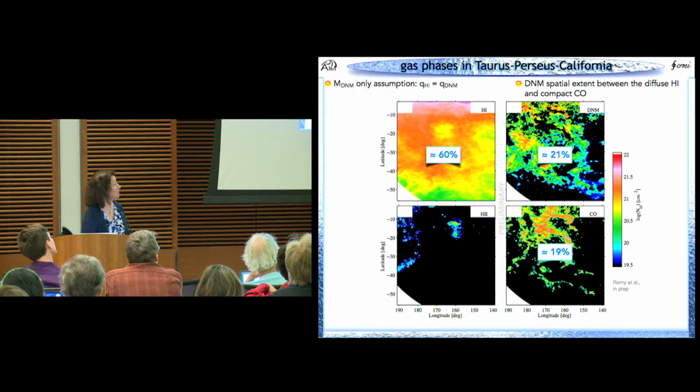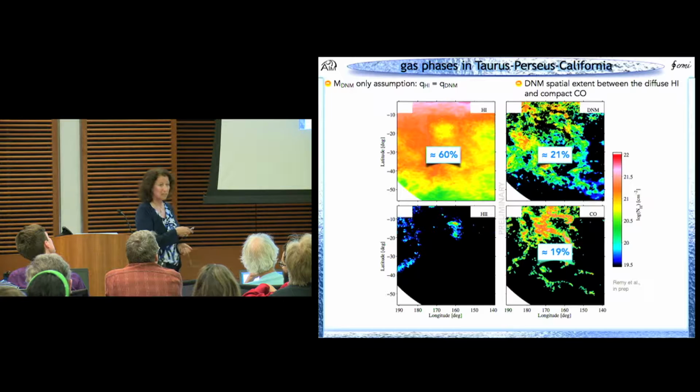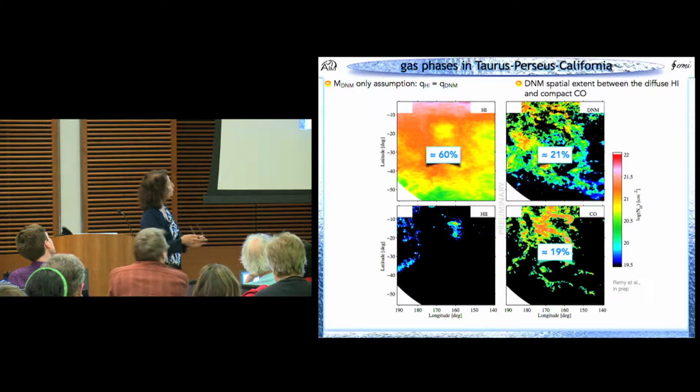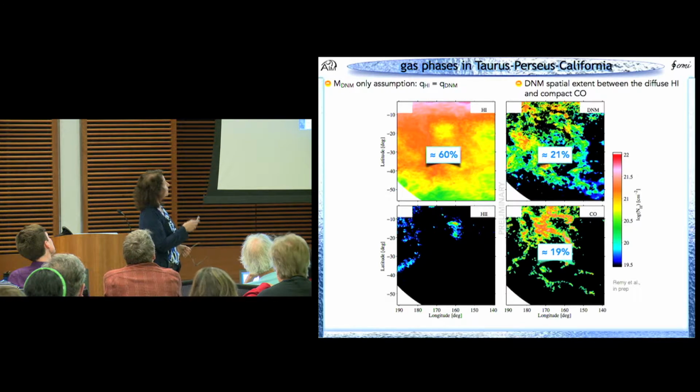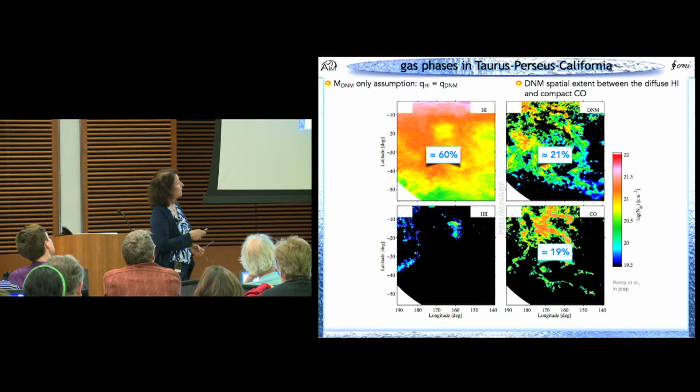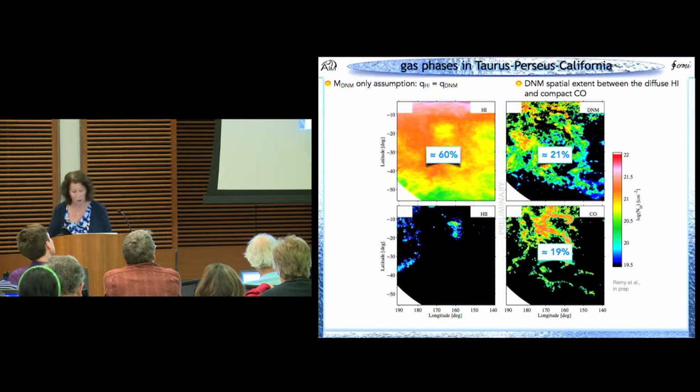That's for the Chamaeleon. If I show you the anticenter region, where we have 6 different clouds, H1 is still very dominant, and then you get about the same amount of gas in the DNM and in the CO. But here we have the additional problem of having H2.